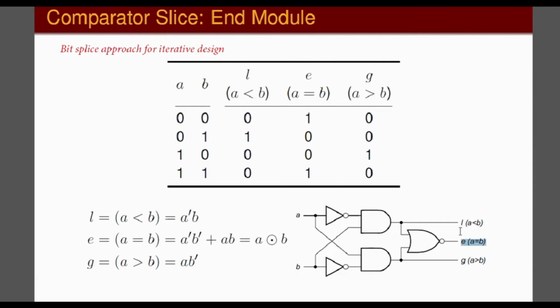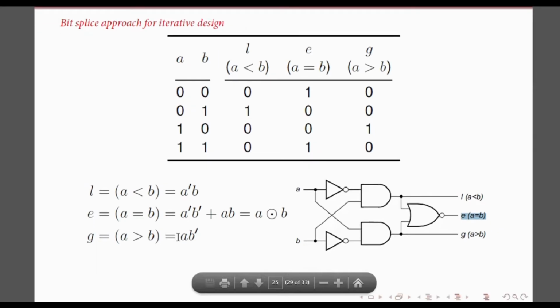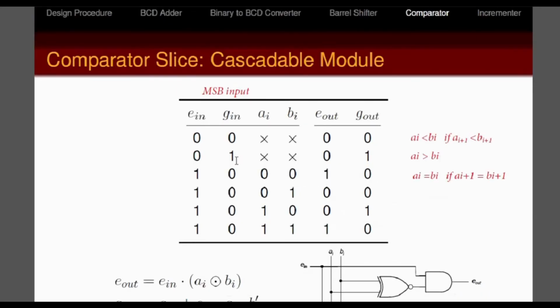Now, a comparator is not the same as an adder. When you implement an adder, you implement from the least significant bit, because you add the least significant bit and then you have a carry out, bring it to the next stage, and the next and the next. But for a comparator, the approach is the cascaded model.